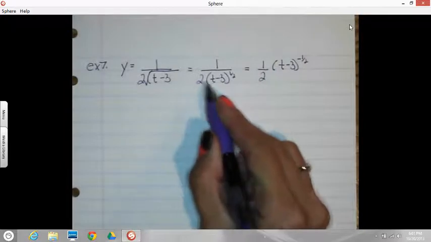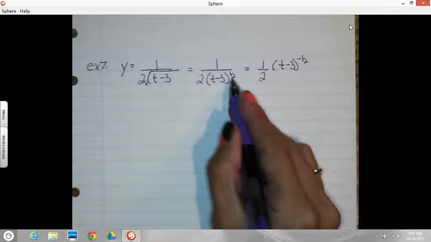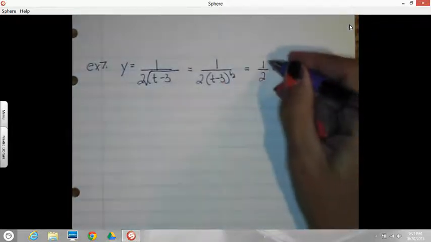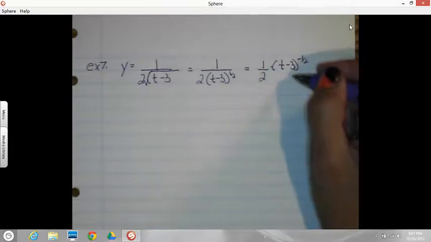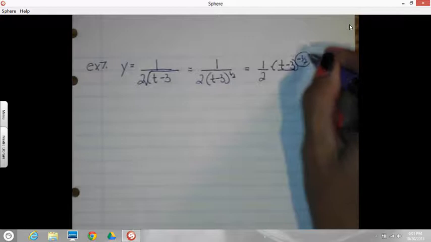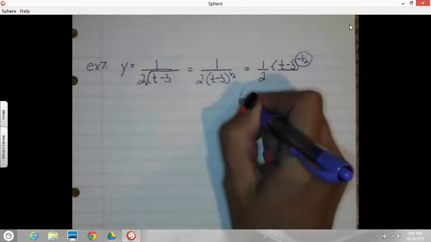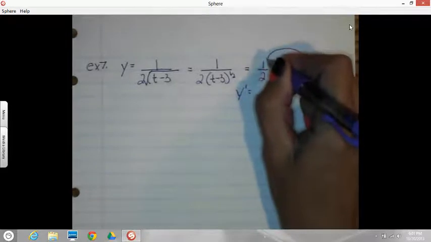The 2 is not the problem. It's the t that's got to get up there. So I take that whole quantity by making that exponent negative. And now I can see this 1/2 is just a multiplier on the parentheses, so it's just going to carry along. I'm going to work with it, and I'm going to do inside, outside. Start here. So the negative 1/2 gets multiplied by the 1/2.